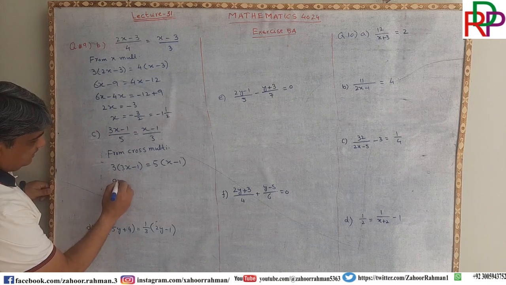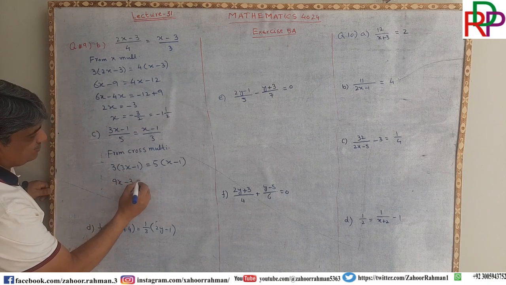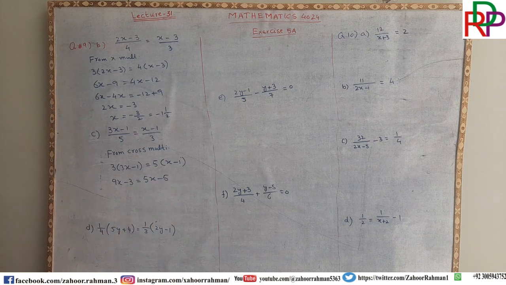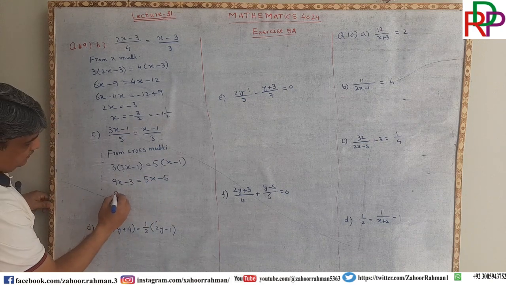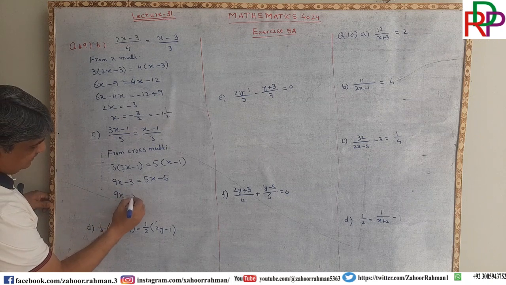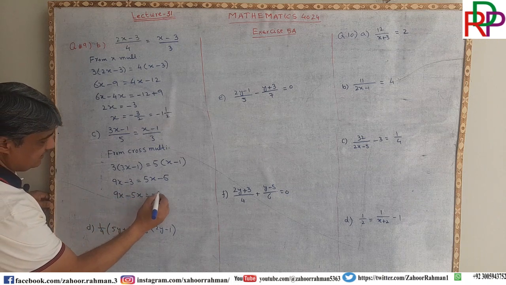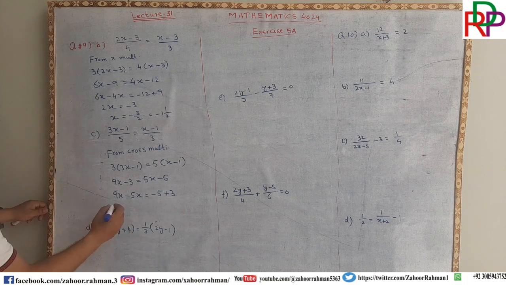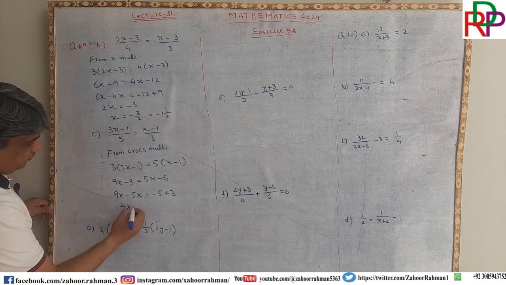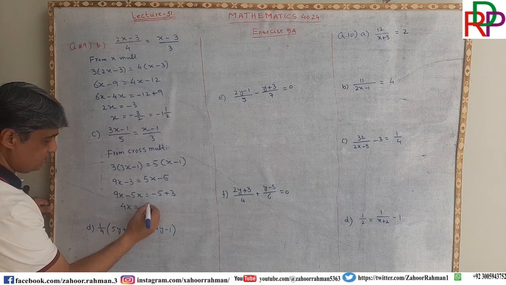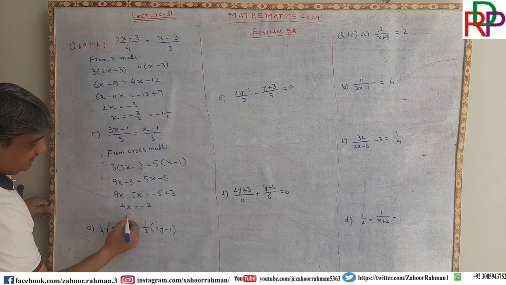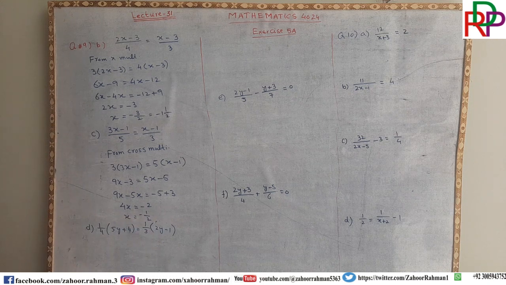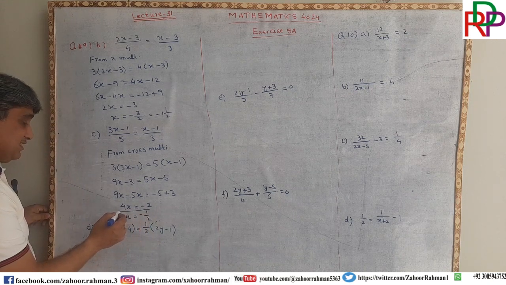So it will be 9x minus 3 equals 5x minus 5. Now we have to arrange the same variable on one side and the constants on another side. So it will give you 4x equals minus 2. So x is equal to minus 1 over 2 is the answer.